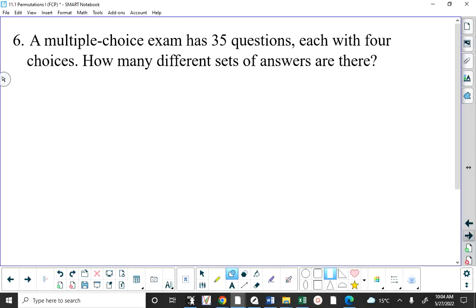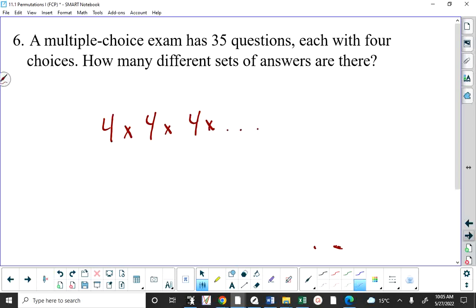I don't want to write 35 blanks. There are 4 choices for the answer to the first question, times 4 choices for the answer to the second, times 4 choices for the third, etc., 35 times.